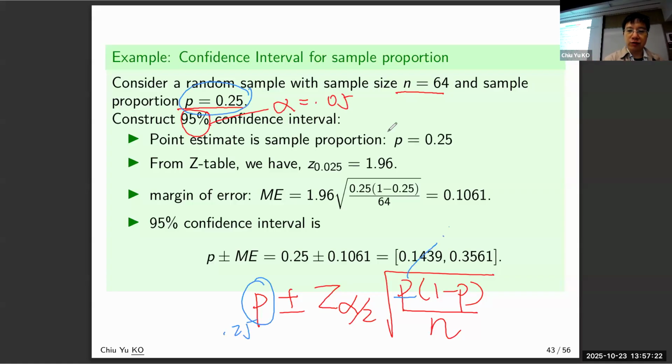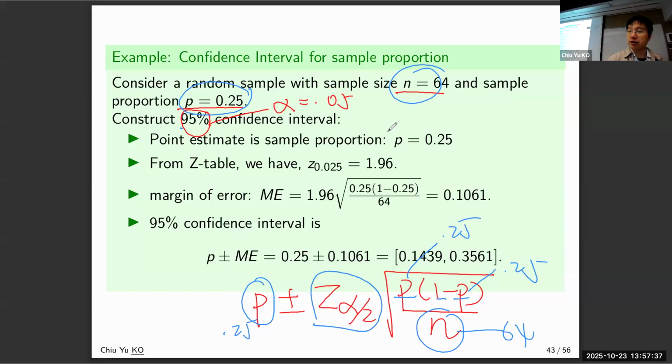So this is 0.25, and n is 64, so this is the guy, right? And we know so many times already, 95% normal is 1.96, right? But of course, if you still don't like it, you can just do NORM.S.INV 0.975, right? So apply all the numbers, okay, to the calculation.